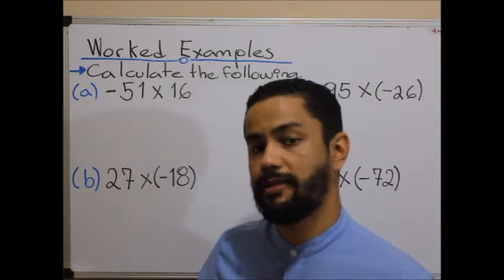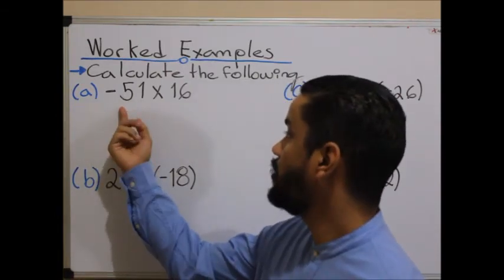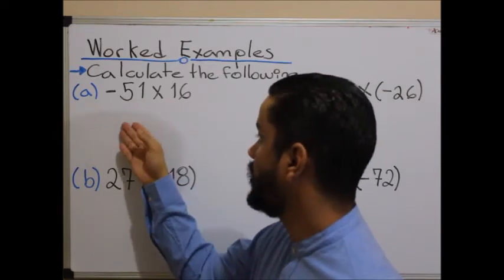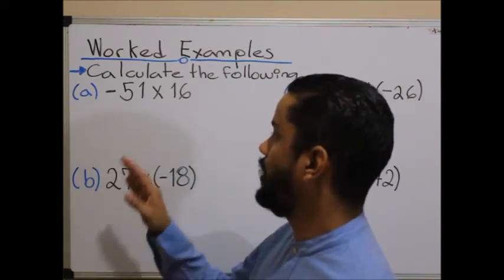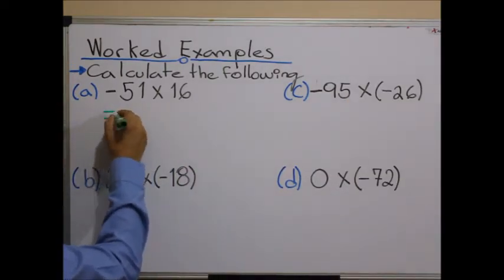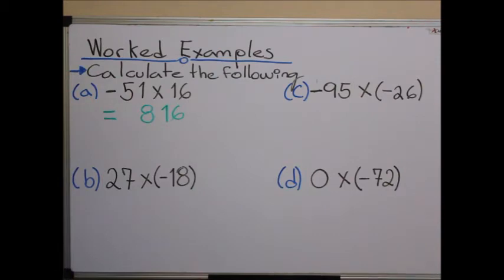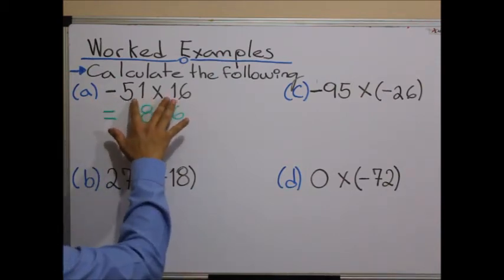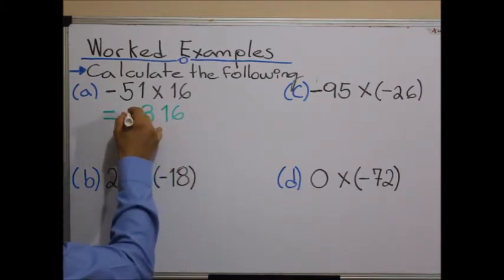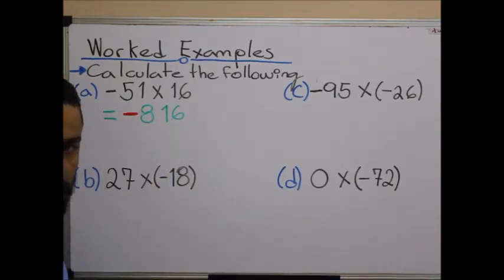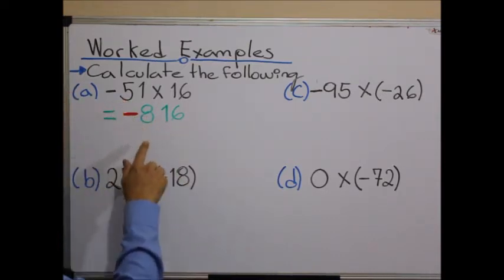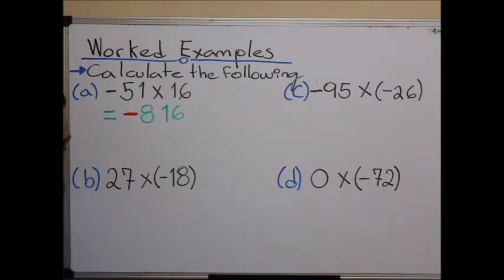So what will be the solution? So we're going to multiply just 51 times 16, and we're going to have the negative. So let's see. Once you multiply that, you're going to get 816. Now you're having just here between those numbers just one negative, so you're going to have here a negative answer.